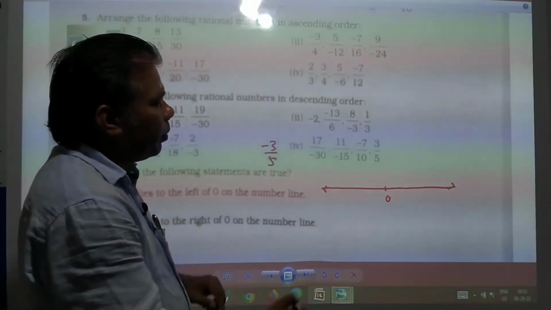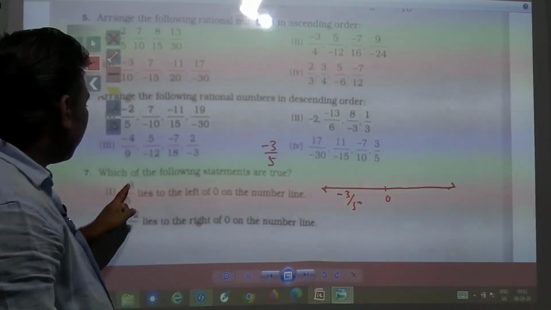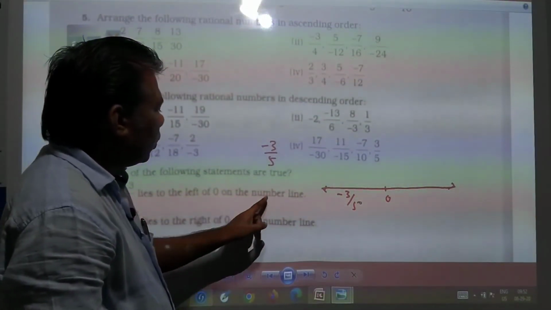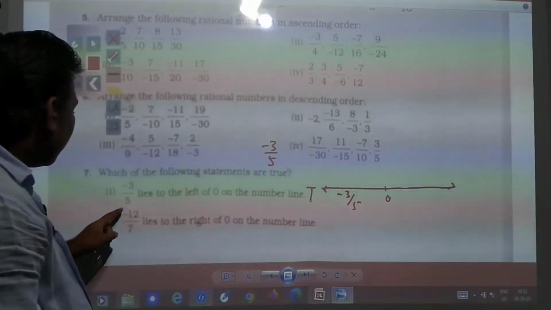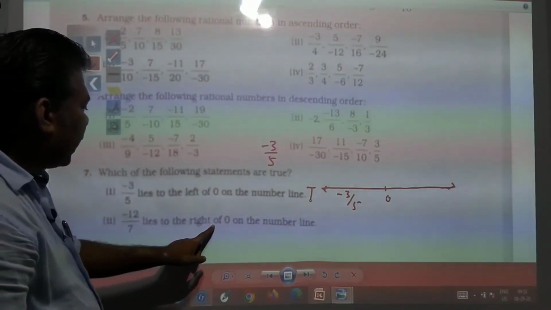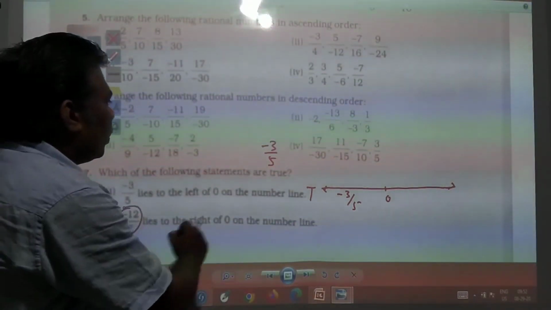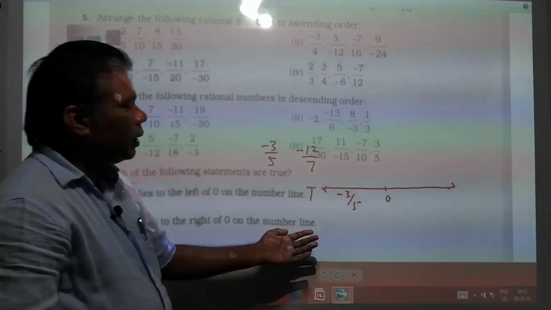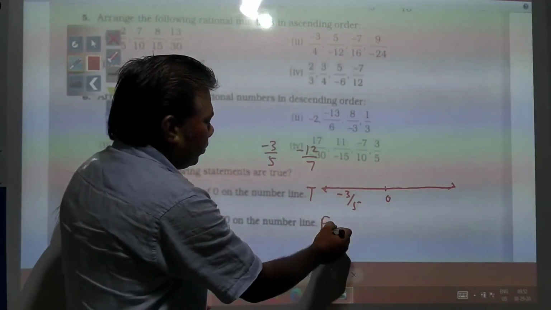Obviously, if it is a negative number, it will be on the left side. So minus 3 by 5 lies to the left of 0 on the number line, that is true. Minus 12 by 7 lies to the right of 0 on the number line. See, minus 12 by 7 you have. If a negative number is there, that will always be on the left side. So this is false.